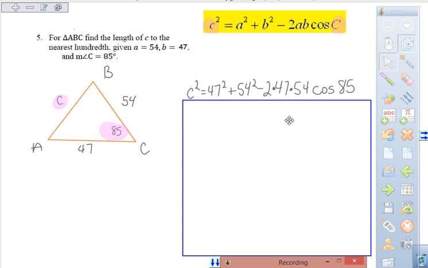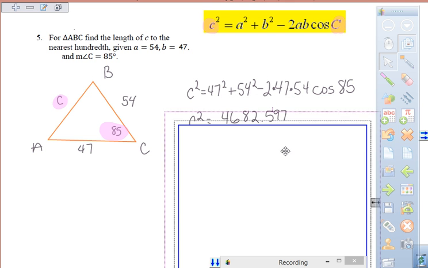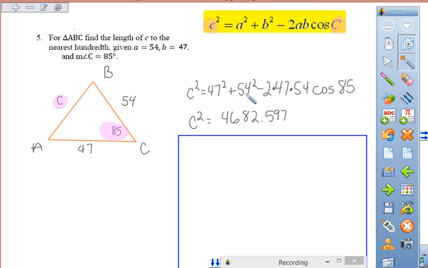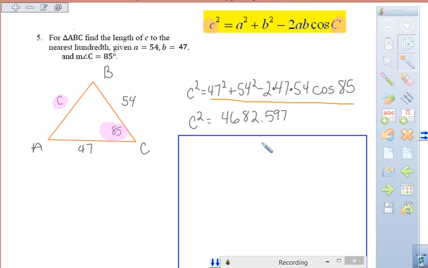So then we're going to simplify. I'm just going to plug this long strand into my calculator from left to right, and I should be getting 4,682 and some decimal. So why don't you try that? Check to see if you get the same answer as me.